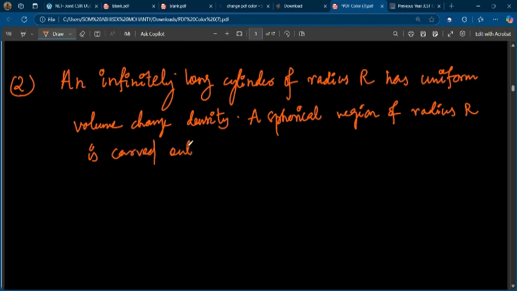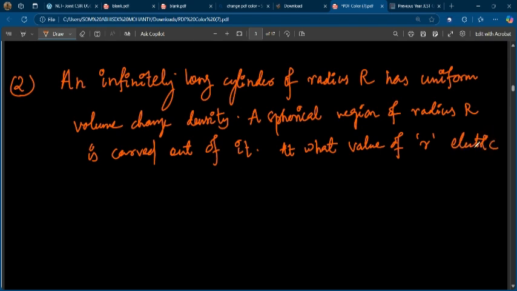At what value of r is the electric field maximum? What value of r is the electric field maximum?